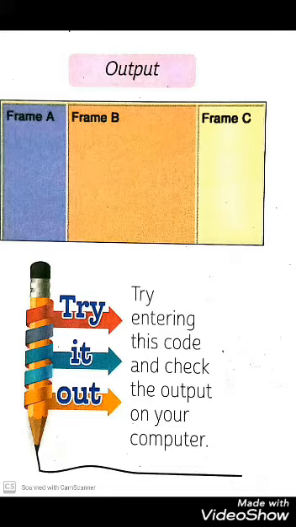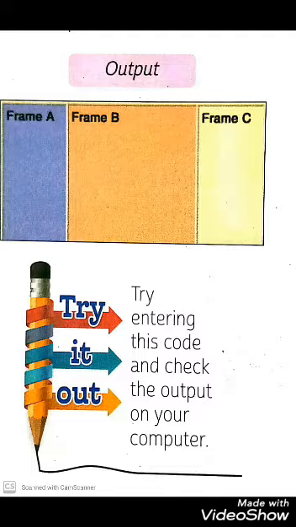And why are we writing frame SRC? Because it is used to specify the document, the document of the URL. Then frameset is closed, then HTML is closed. This is how you can use the frame tag in defining the HTML document.